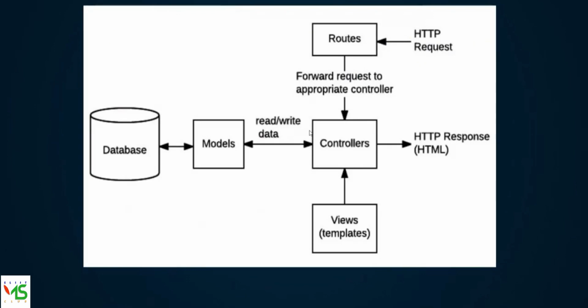Then in the controller, we are going to implement the business logic, like create, read, update, delete. Those CRUD functionalities are implemented in here. The controller will communicate with the database through a model. So we have to create a model, routes, and controllers.